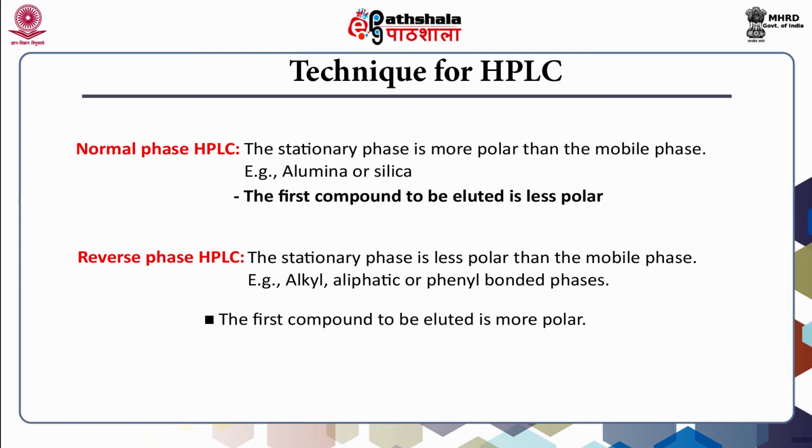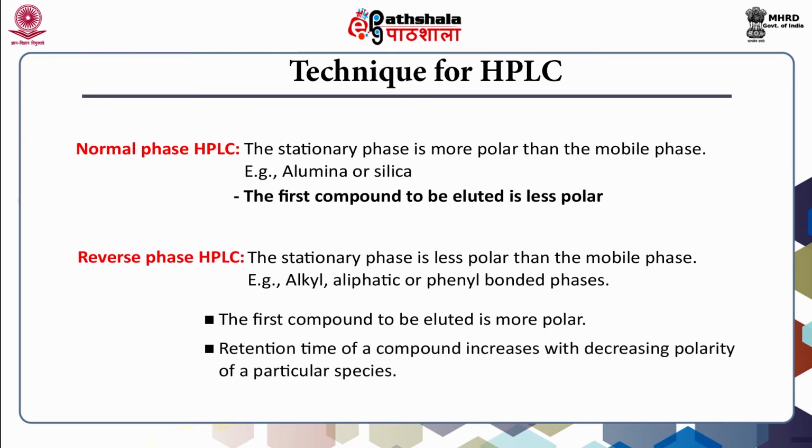So, what are the stationary phases that have less polarity than the mobile phase? Examples are alkyl or aliphatic or phenyl bonded phases. They have less polarity than the mobile phase. So, in reverse phase HPLC, the first compound to be eluted is more polar, and the retention time for a compound increases with decreasing polarity of a particular species.